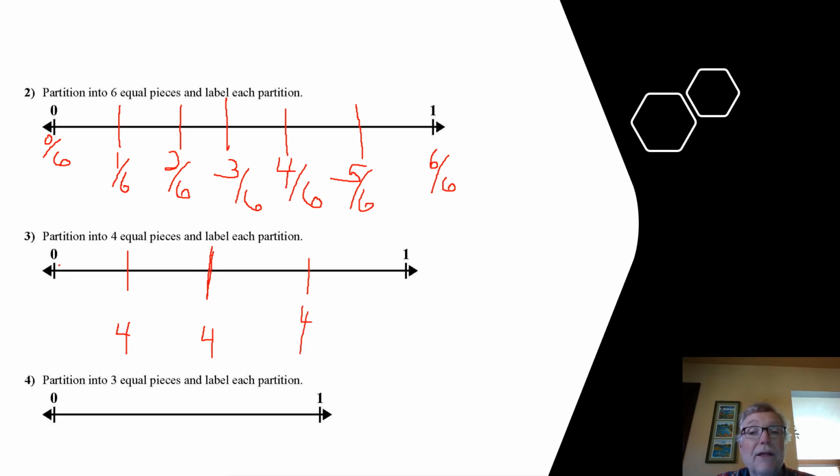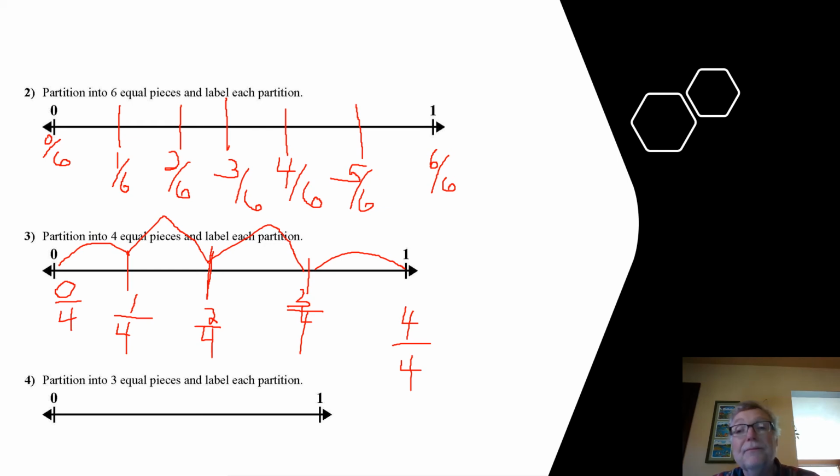So this one is 1/4, 2/4, 3/4, and 1 is also going to be written as 4 over 4. And I can also label the 0 as 0/4 as well. These are all equivalent numbers.